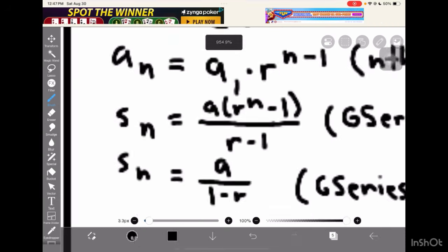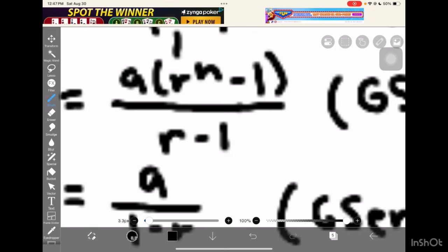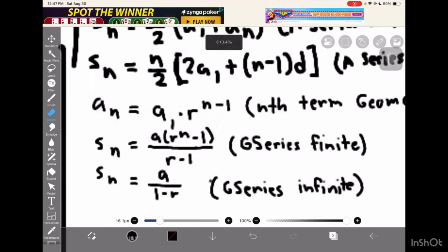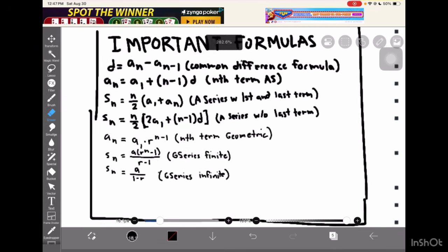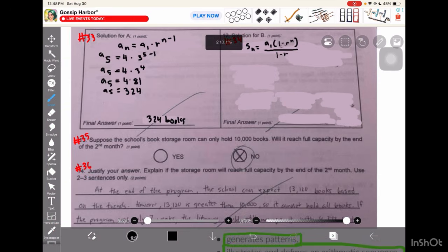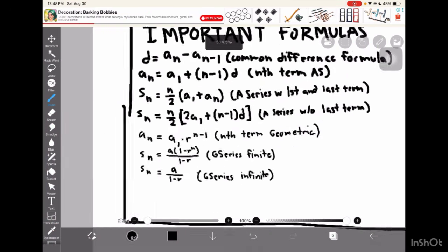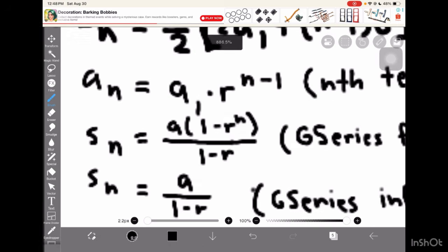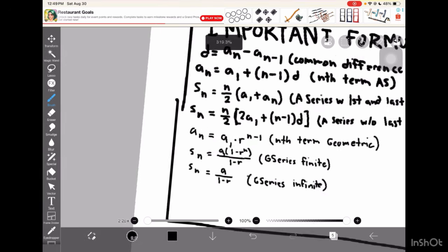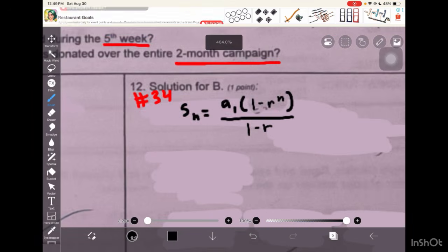Did I list it down wrong? I think it's 1 minus R. Hold on. Let me technically... Okay, so I was recalling it, and the one that I previously wrote was actually correct, but the one that we're more used to is this one. So it's A sub 1, in parentheses, 1 minus R raised to n over 1 minus R. So let's use that one instead.